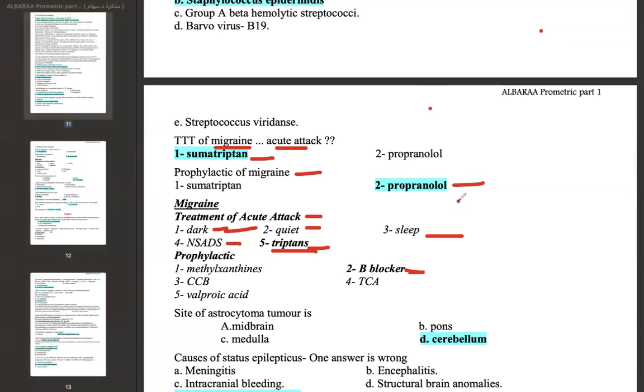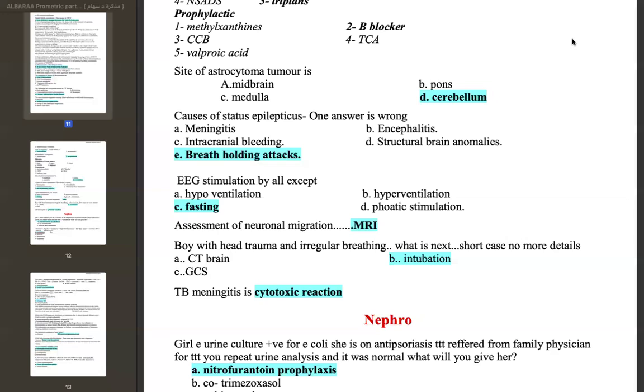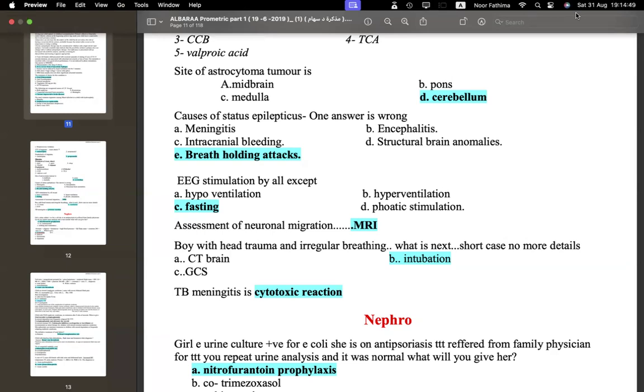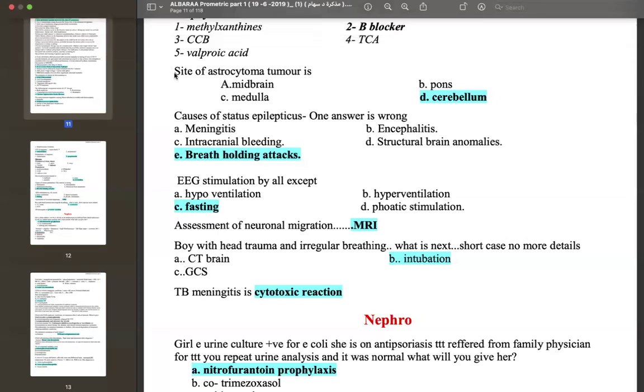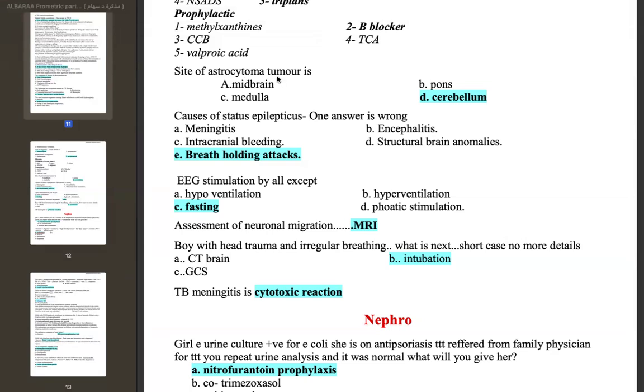So let's go to the next question. Site of astrocytoma tumor.